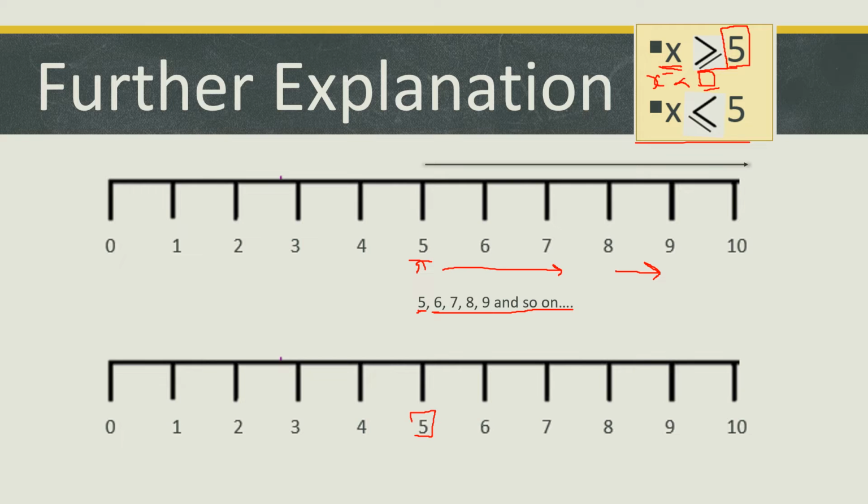So we are going to include the number 5 here, and the arrow would be pointing this way because it says that x is less than 5, and we already have the circle at 5 here, which means that x could be 5 or the numbers less than 5. The possible integer values that x could be are 5, so the 5 would be included, and these all are the numbers which are less than 5.